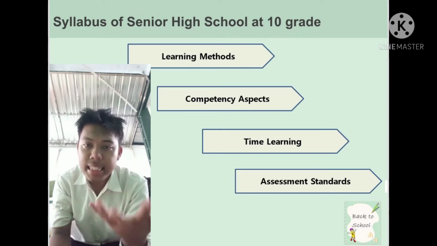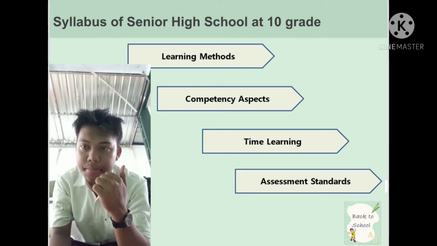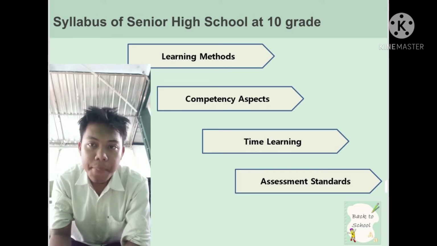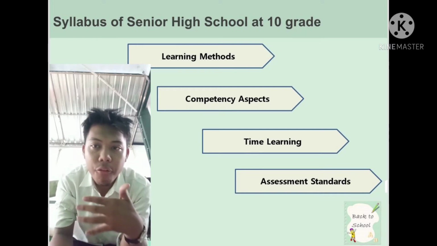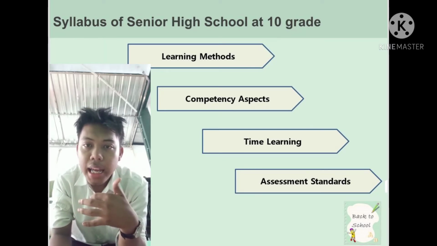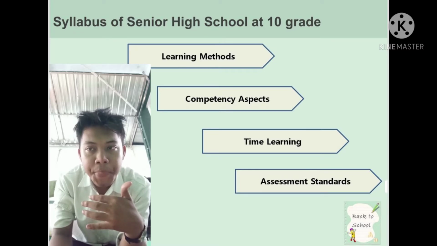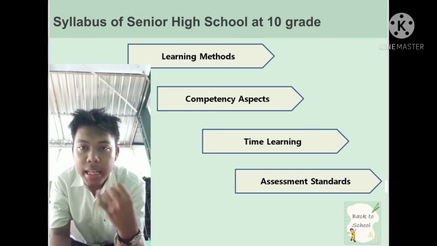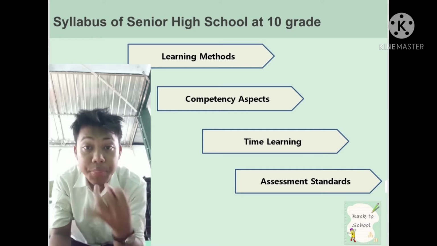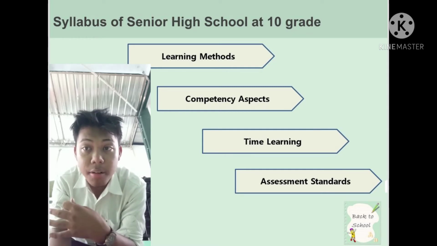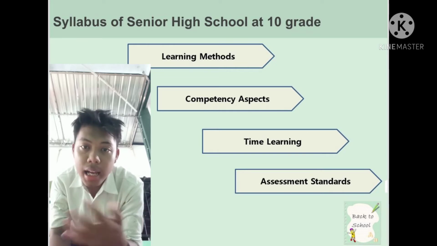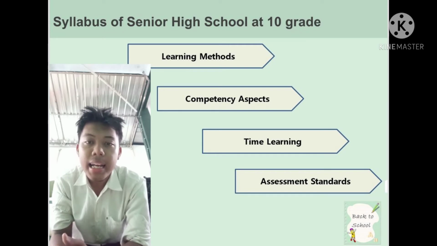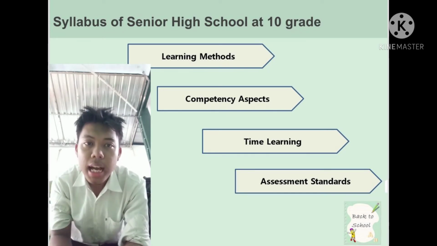Next is aspect competency. In aspect competency, the students must have competency in writing, speaking, listening, and what else? Vocabulary, grammar, etc. That's what we call aspect of competency.